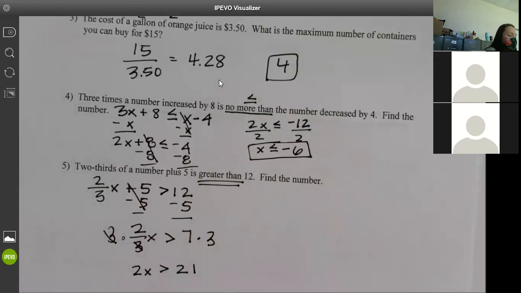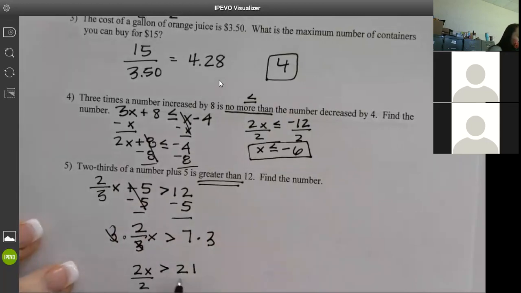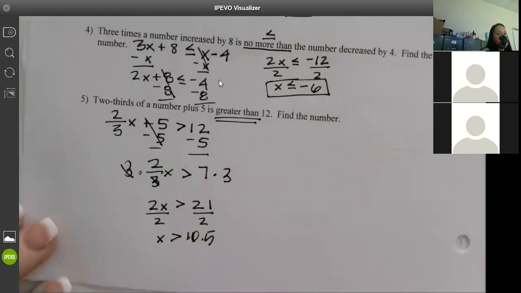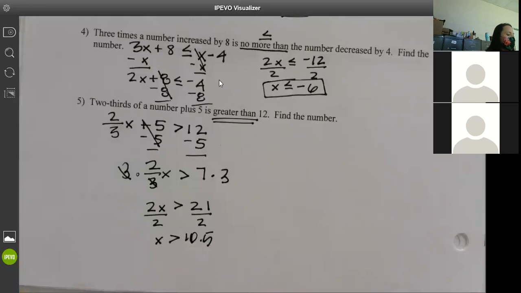And then your last step is divide by 2. We didn't divide by a negative, so we keep it the same. And 21 divided by 2 is 10.5. Sorry, y'all. Can't see that, can you? It says find the number. That's the number. Okay.